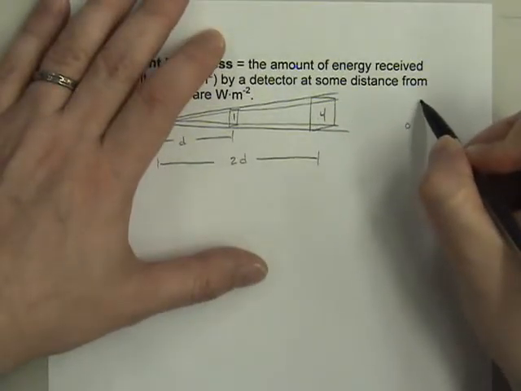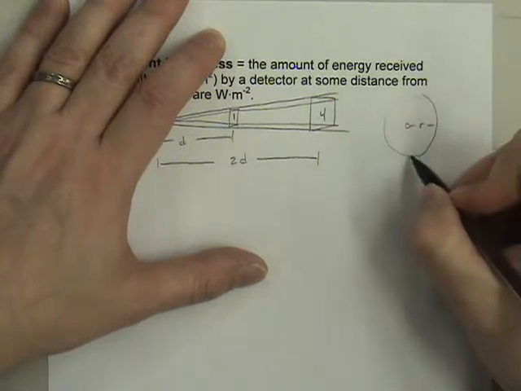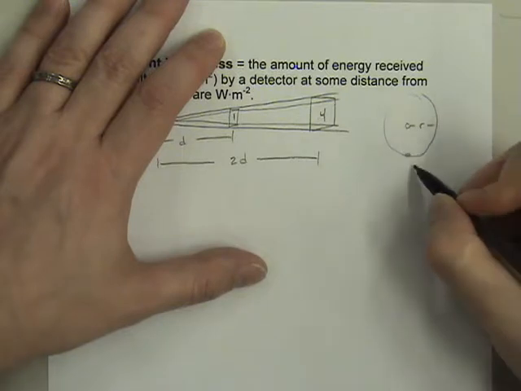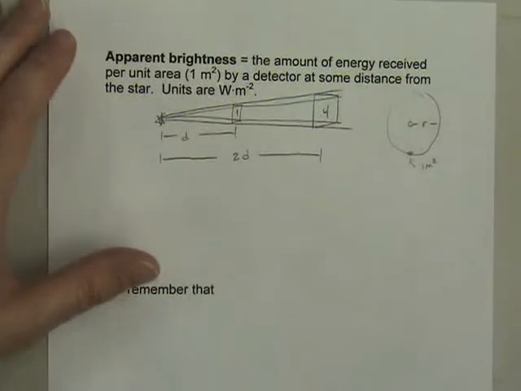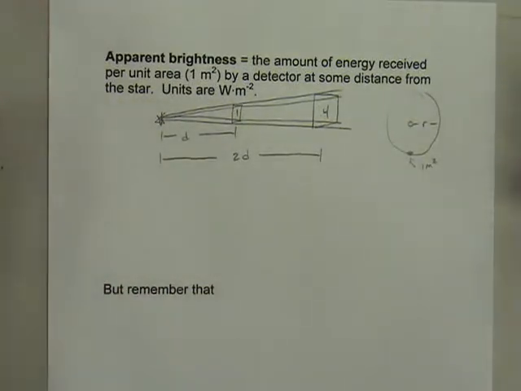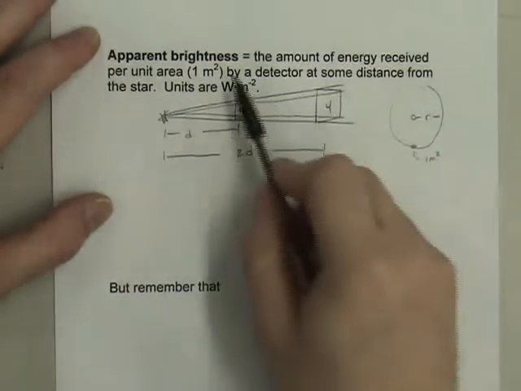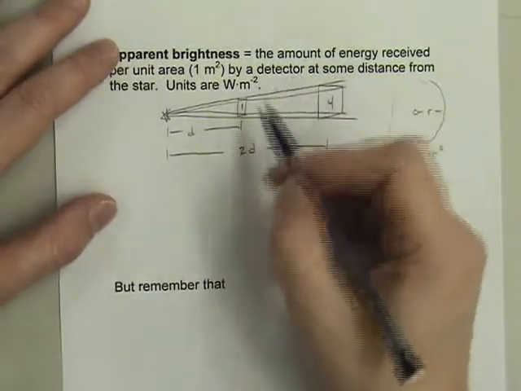And essentially you might think of the star, and we're out at some distance away, and I have a little detector down here, and I'm going to capture 1 square meter worth of light, and I'm essentially going to count how much light has hit that 1 square meter. And then with that information, I can sort of work out the distance for the star, because apparent brightness is the amount of energy received per unit square meter by a detector.